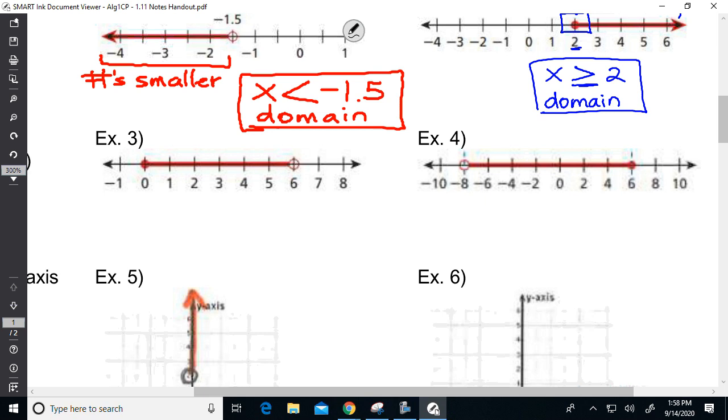If I go to the right, is that greater than or less than? That's greater. So I have x is greater than or equal to 0, because it's a closed circle. That's if I'm starting from 0.